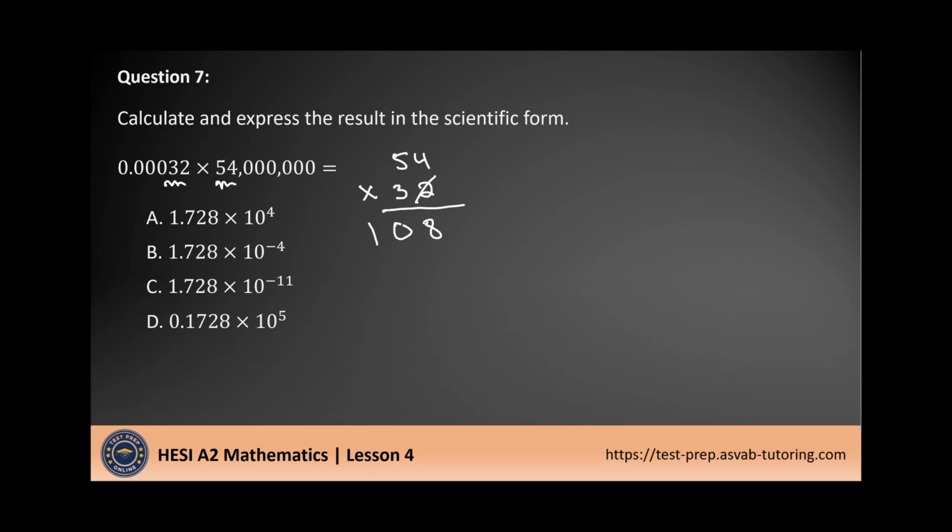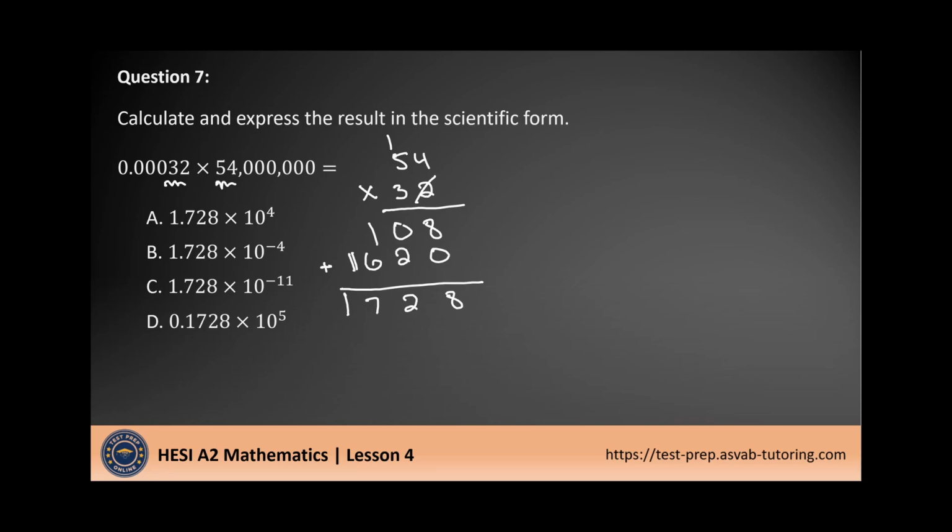We're done with the 2, add a 0. 4 times 3 is 12, carry the 1. 5 times 3 is 15, add 1, 16. Add these together. 8 plus 0 is 8, 0 plus 2 is 2, 1 plus 6 is 7, and bring down the 1.